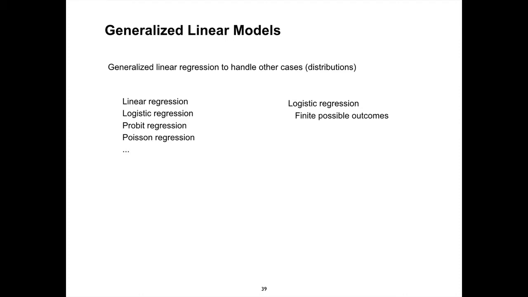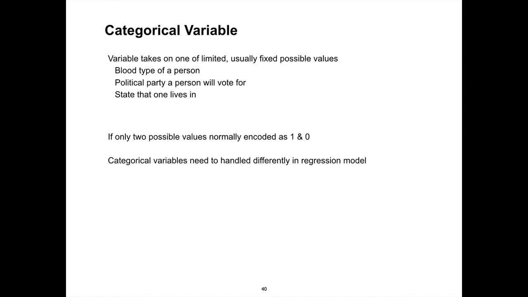And that's interesting because there's only a finite number of outcomes. Instead of having an infinite number, you have a finite number. That's what they call a categorical variable, where there's only a limited number of fixed possibilities.